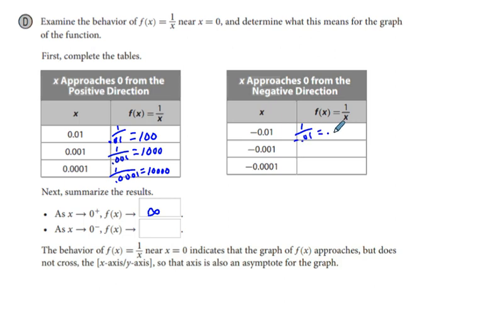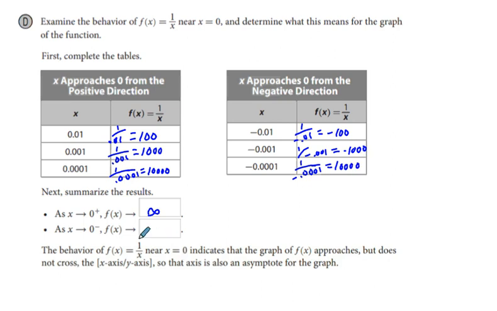That's going to be equal to negative 100. And as we get even closer, we get 1 over negative 0.001. And that's going to be equal to negative 1,000. And then finally, we put 1 over negative 0.0001. We get negative 10,000.